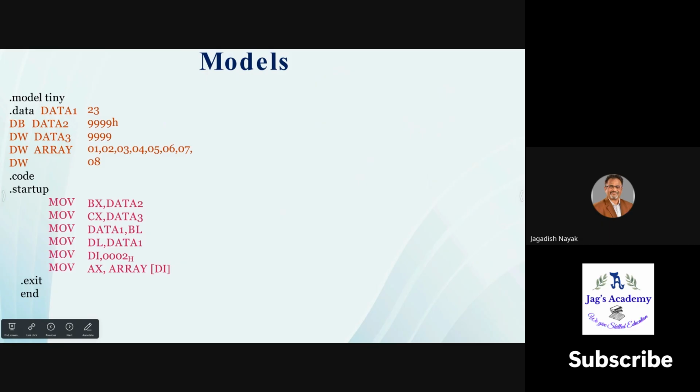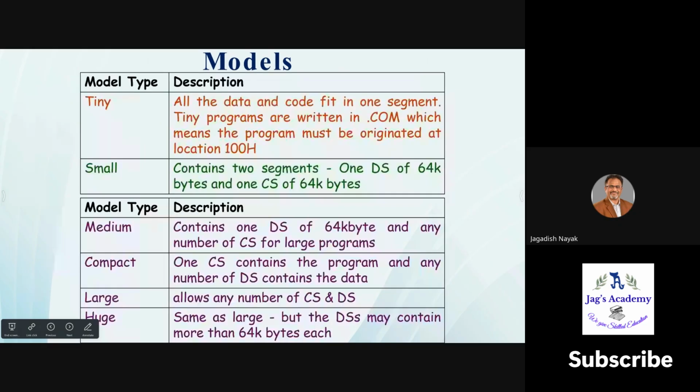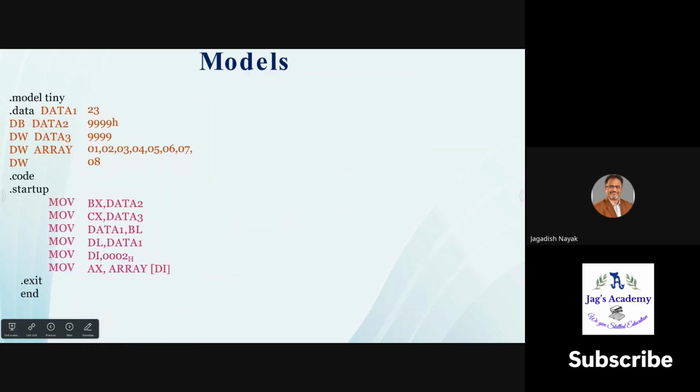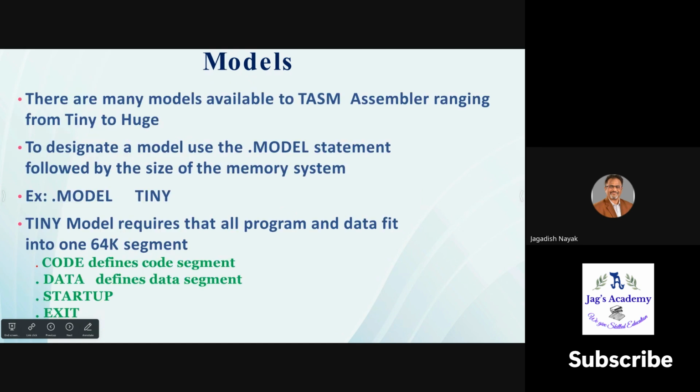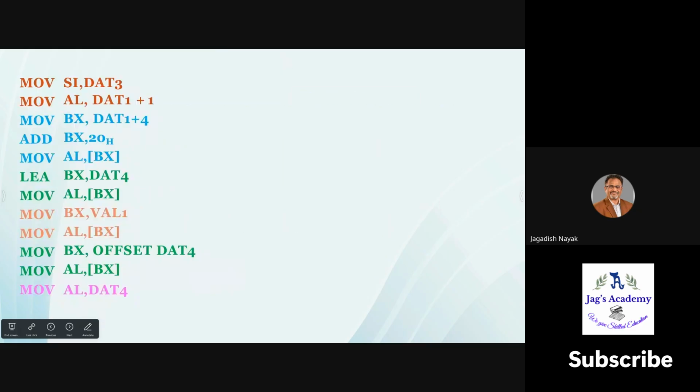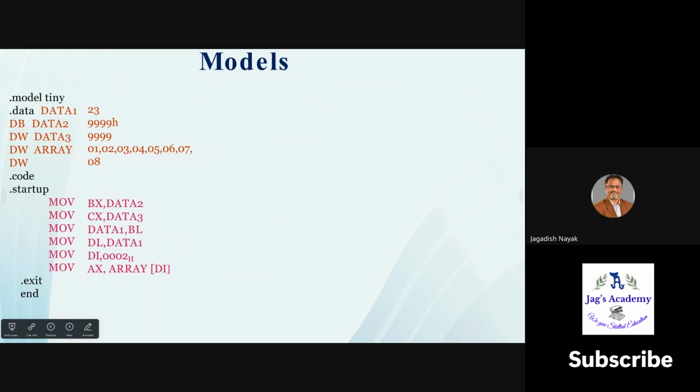For example, you see this program. Can you just check what this program does? It does a simple move operation, right? .MODEL TINY. Then you have .DATA. Data1 is declared as 23.